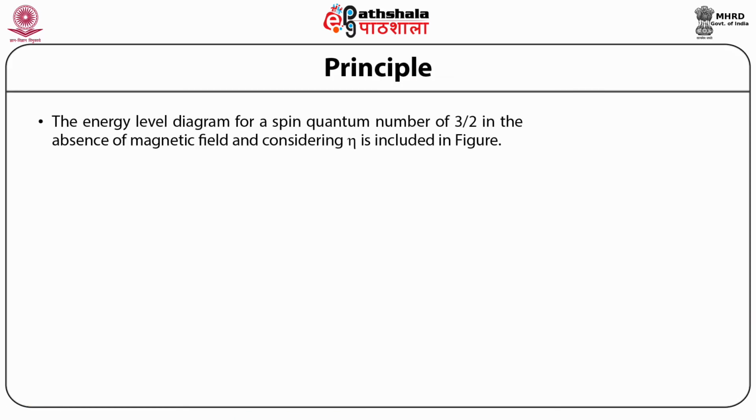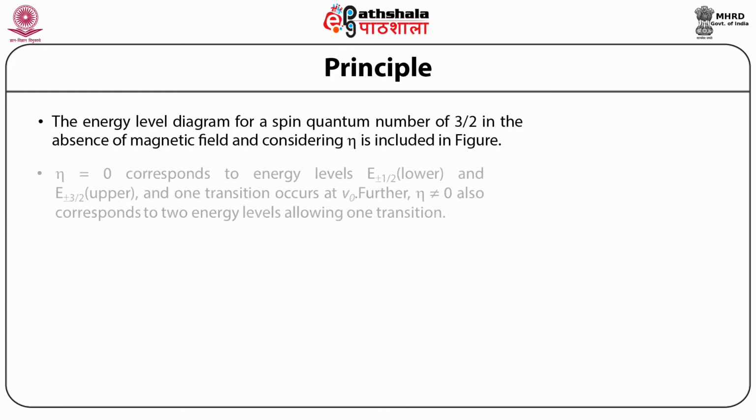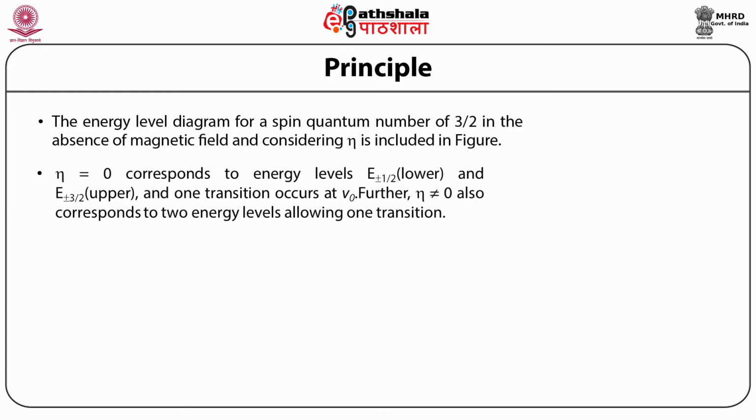The energy level diagram for a spin quantum number of 3/2 in the absence of magnetic field, considering the effect of eta, is included in the figure shown below. So eta equal to 0 corresponds to the energy levels E plus minus 1/2, lower, and E plus minus 3/2, upper, and one transition occurs at nu naught.